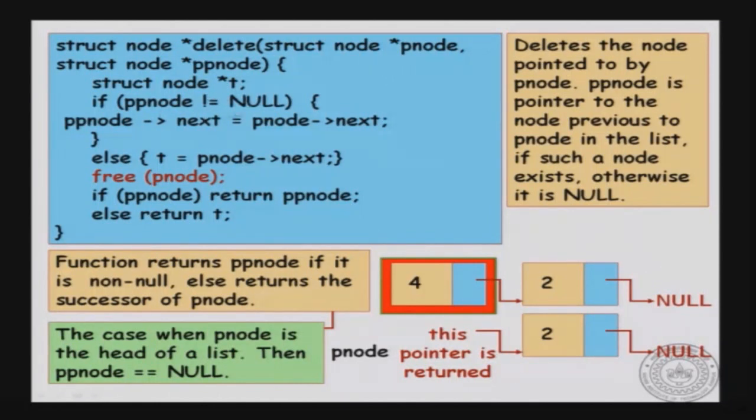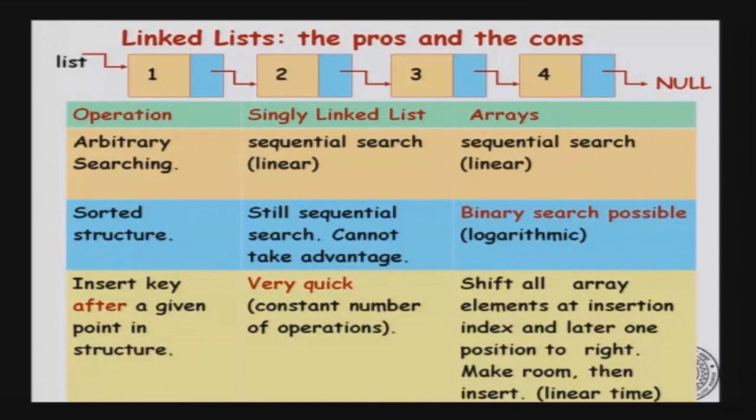If there is a previous node, I will say the previous node's next is the current node's next. So, 2's next link will go to minus 2. If there is no previous node, then I will say that t equals the current node's next, and once that is done, you delete the current node, P node. So, this is how you would delete an element from the linked list.